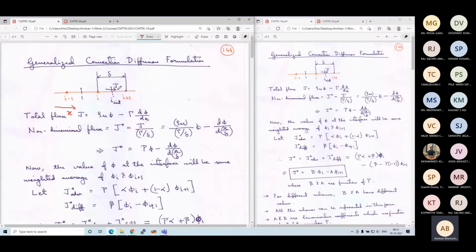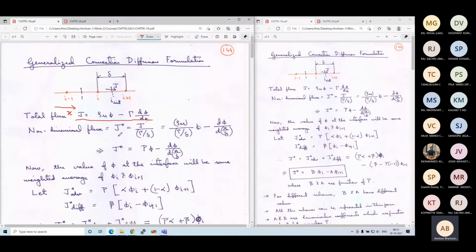So our J is given from left to right as the sum of the convective term, which is rho u phi, and the diffusive term, which is minus gamma d phi dx. This is the extent of diffusion, similar to the conduction problem, minus k dT dx.